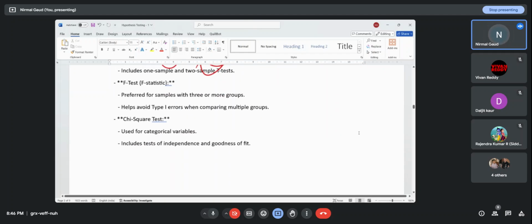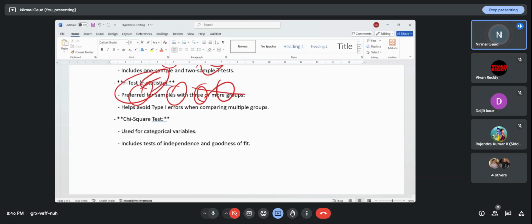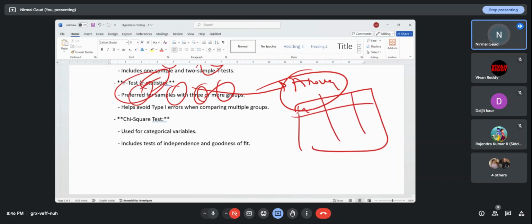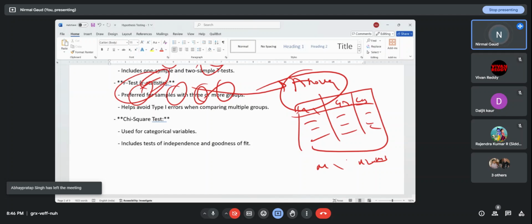Okay, the f statistic is used when we have samples of three or more groups. So we have used the f statistic in ANOVA, if you remember. The data set which I taught you had three groups of students, G1, G2, G3, and we talked about the books they study. We calculated the mean for each group, and we checked.